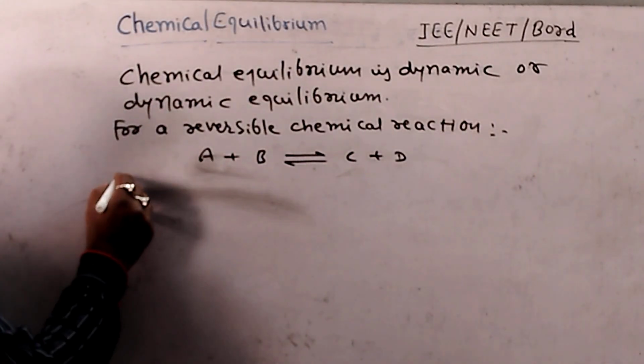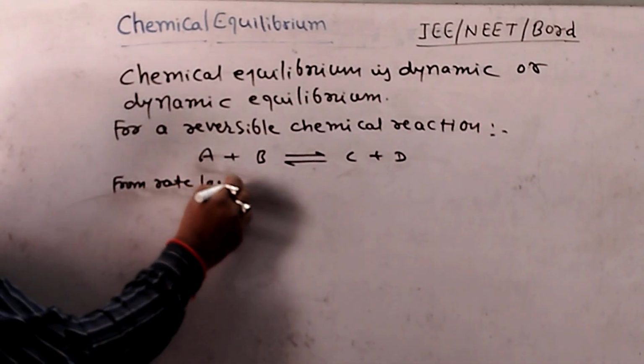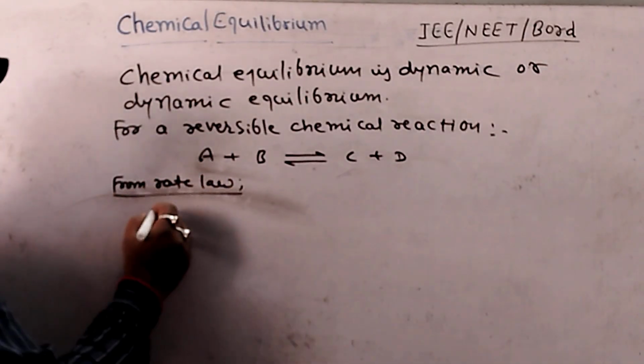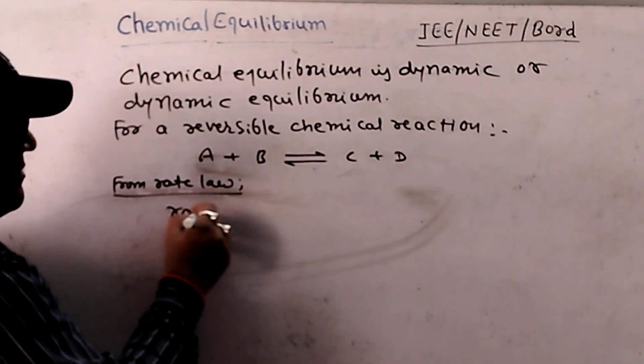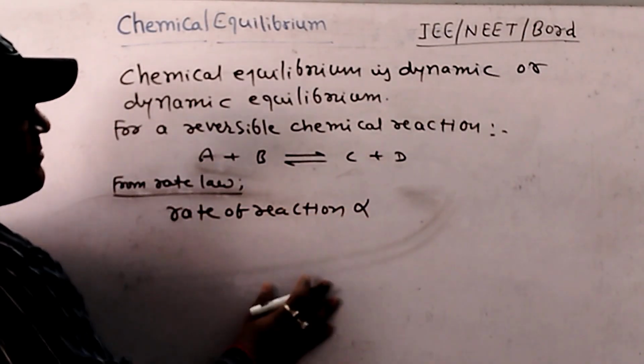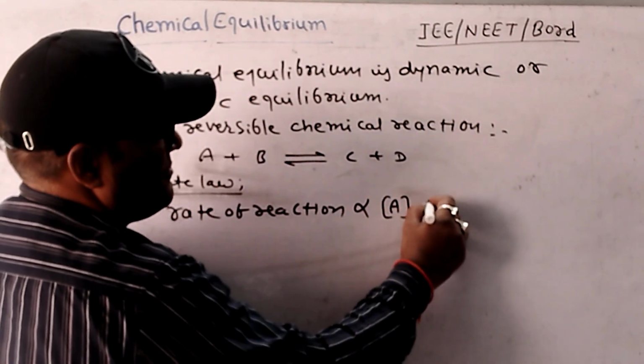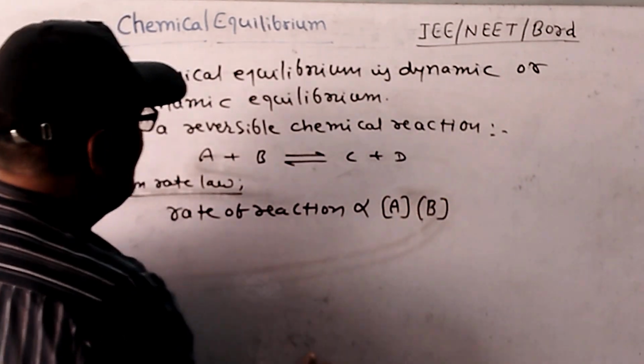Now from the rate law we can write: rate of reaction is directly proportional to the multiple of power of concentration of reactants.